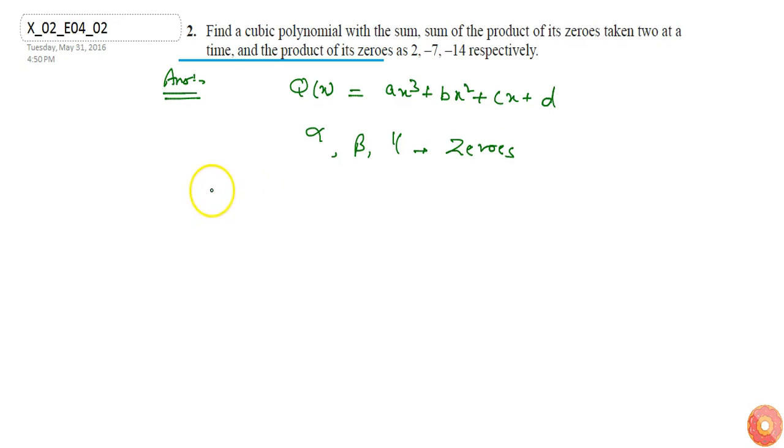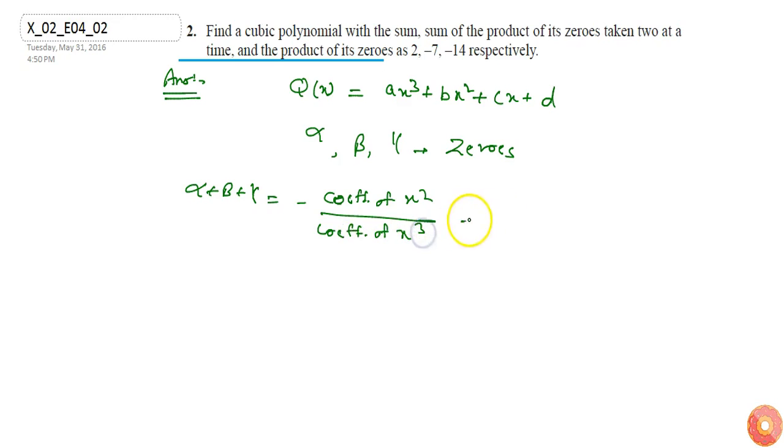So I can say that alpha + beta + gamma = minus the coefficient of x² divided by the coefficient of x³. So here in the polynomial Q(x) I have the coefficient of x² as b, so minus b by a.